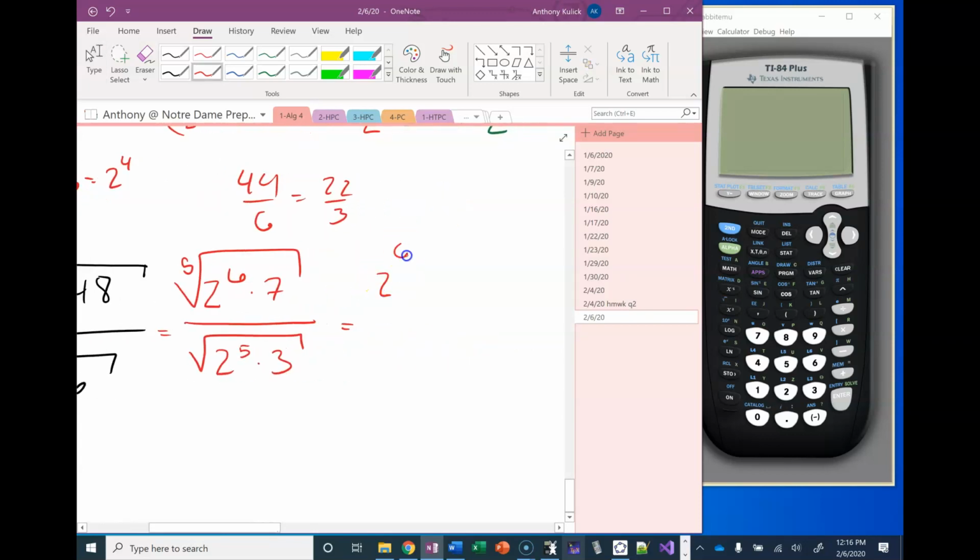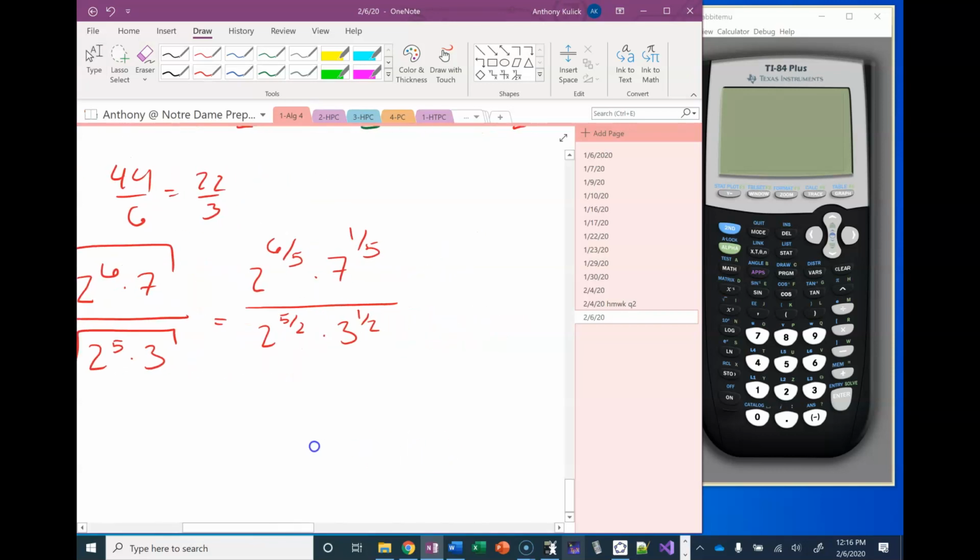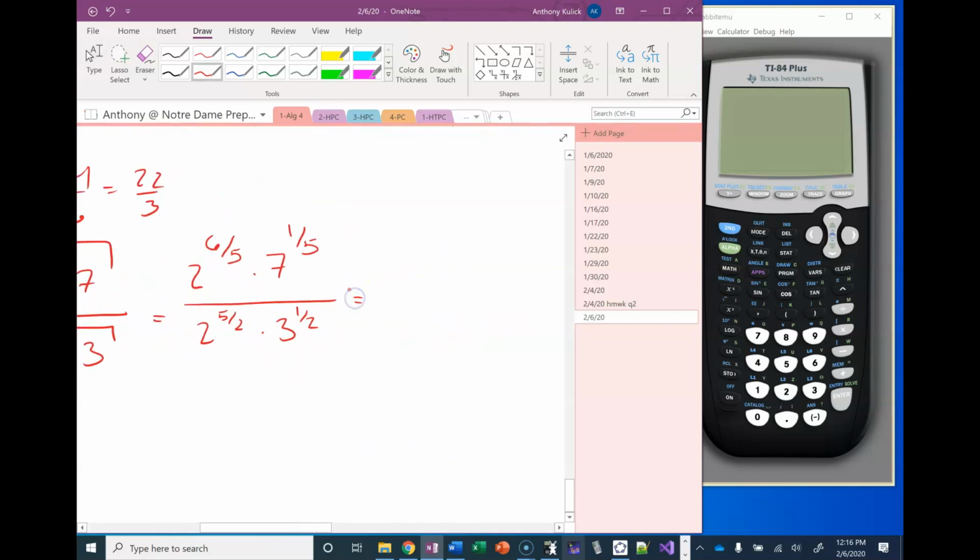So that's going to be 2 to the 6/5 times 7 to the 1/5 over 2 to the 5/2 times 3 to the 1/2. Is everybody okay there? Okay. These we can combine together. You guys agree with that?